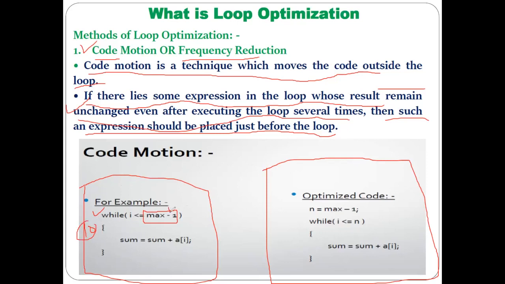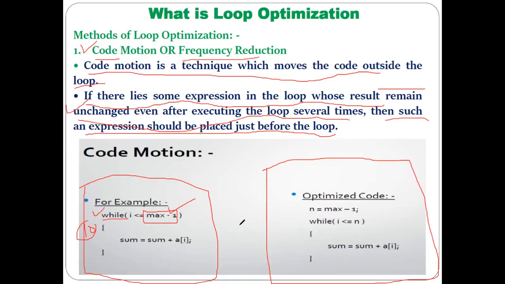Then this max minus 1 has to be processed 10 times by the processor, your CPU, when the execution happens. But whether this evaluation happens 10 times or once, its result is going to be the same. Understood? So why should we write it inside the while loop? We should write it outside the while loop.